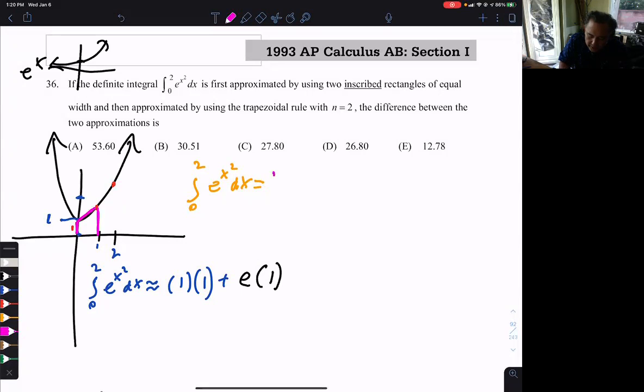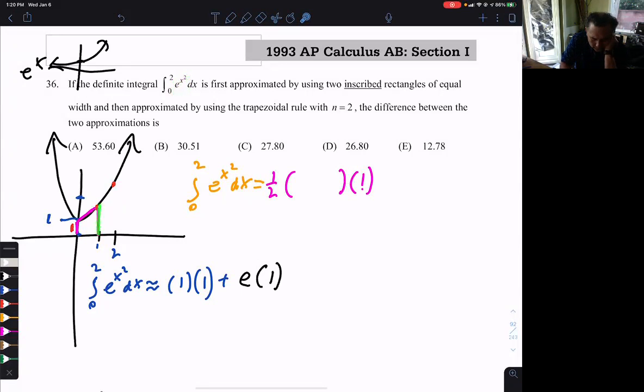What's the area of a trapezoid? It's 1/2 the sum of the bases, and the width's 1. So I need to figure out this height and this height. Well, I know this distance is 1, because if you put in 0 here, this comes out to be 1. So I know that the vertex of that thing is at 1.